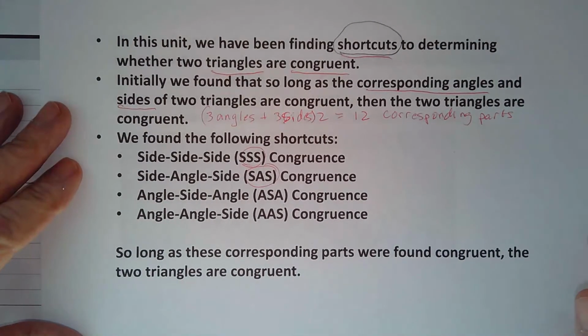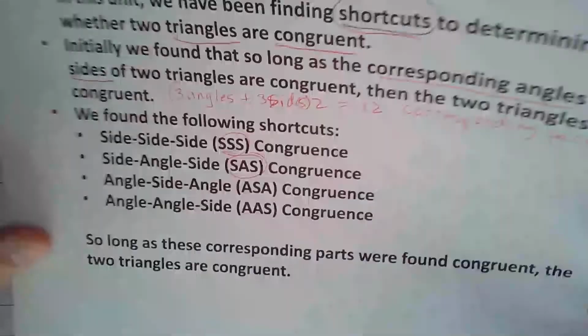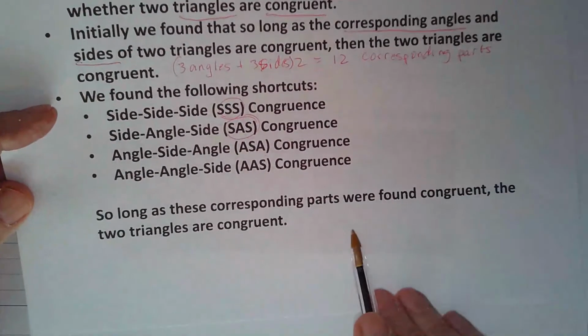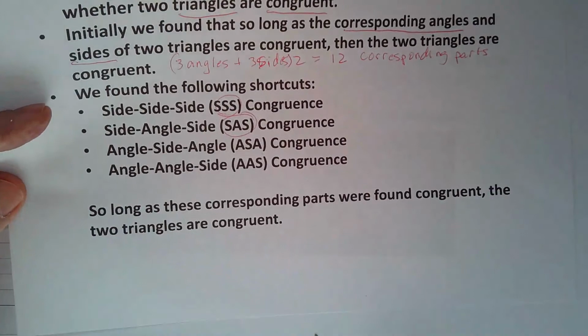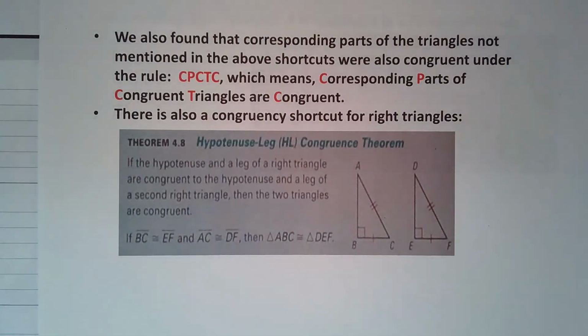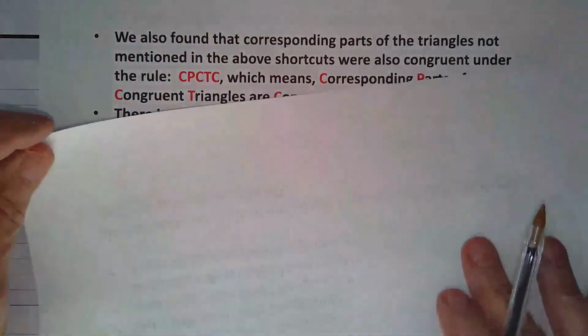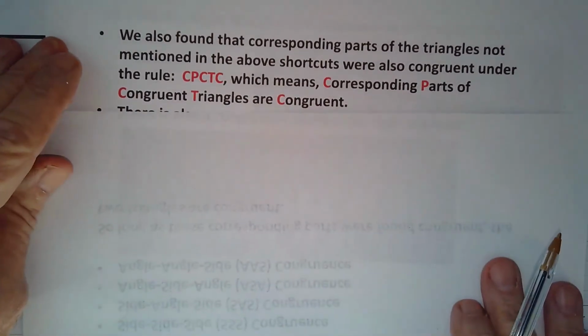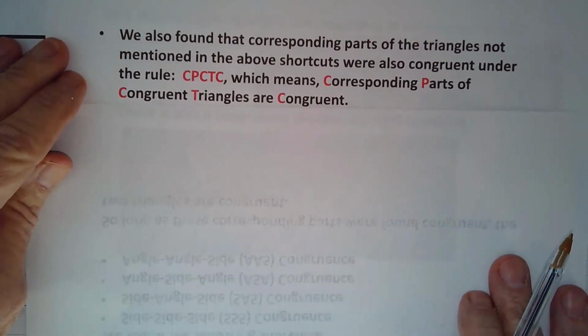So long as those corresponding parts were found congruent, then the two triangles would be congruent. Now we also found something else.